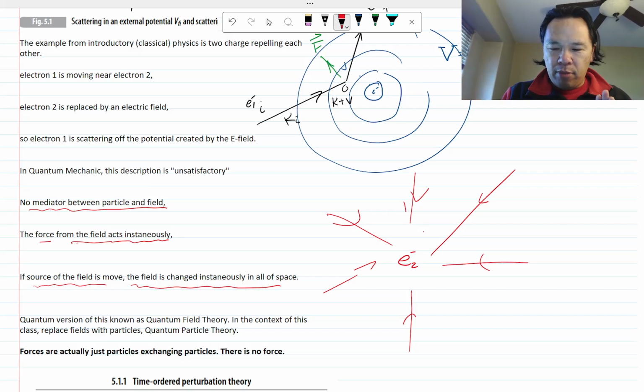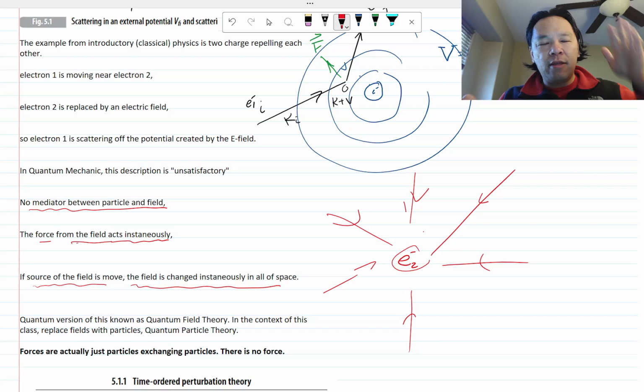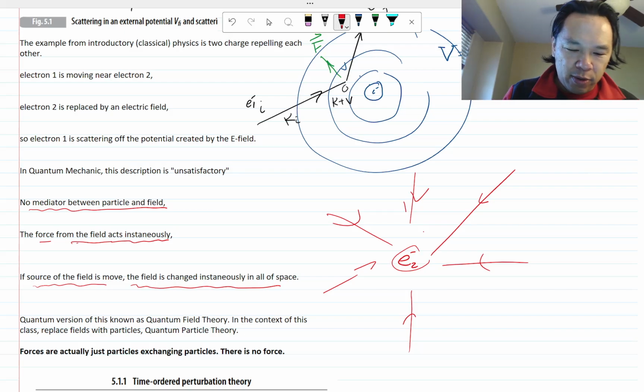So me moving an electron on Earth, in this classical way of physics, affects charges that are moving around tens and hundreds and millions and billions of light years away instantaneously, and that makes no sense.